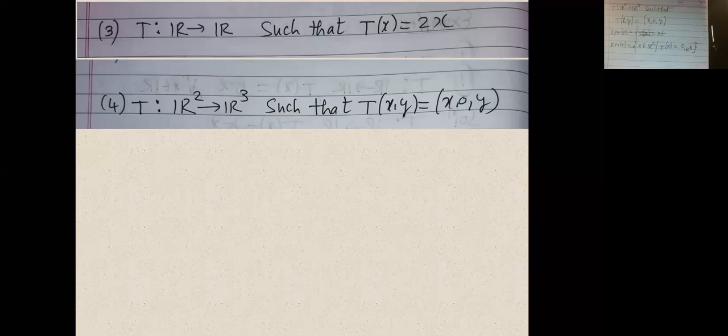This is the kernel for this fourth exercise on the screen. So kernel T equals x belongs to the domain R2 such that T of that x equals 0 of the codomain. Now further we have to find out what those vectors x are. So that is x comma y belongs to R2 such that T of x comma y equal to 0 of R3.